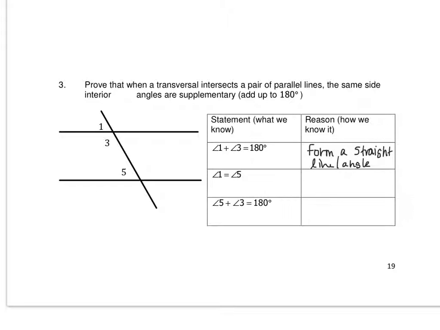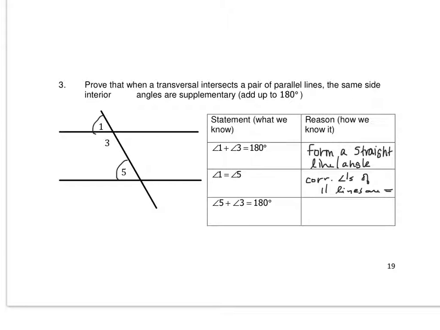So if angle 1 and 3 together form a straight line or straight angle, they have to add up to 180 degrees. And we know that angle 1 equals angle 5 because they're corresponding angles of parallel lines. And they have to be equal.